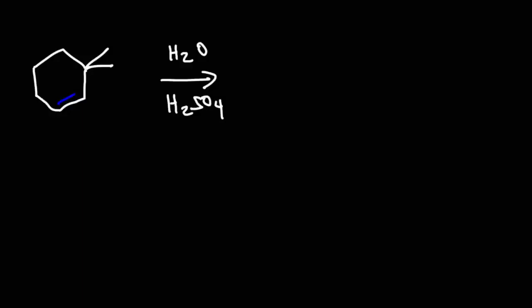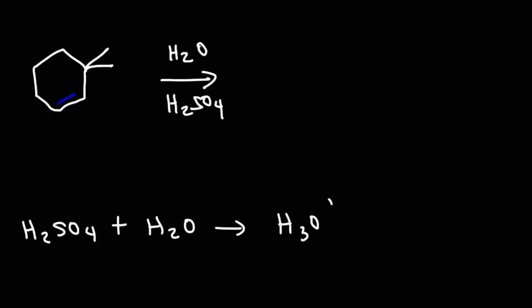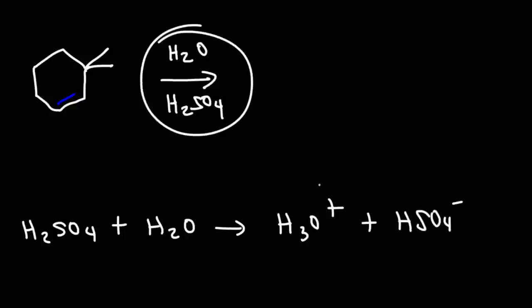The first thing you need to realize is that sulfuric acid is a strong acid. When it reacts with water, water is going to act as a weak base. So sulfuric acid is going to donate a proton to water, creating H3O plus and the bisulfate ion. So this reaction produces H3O plus.